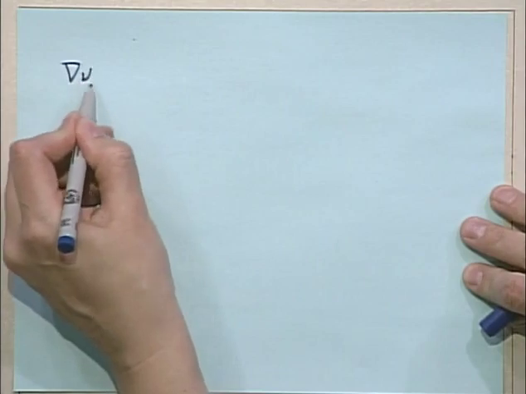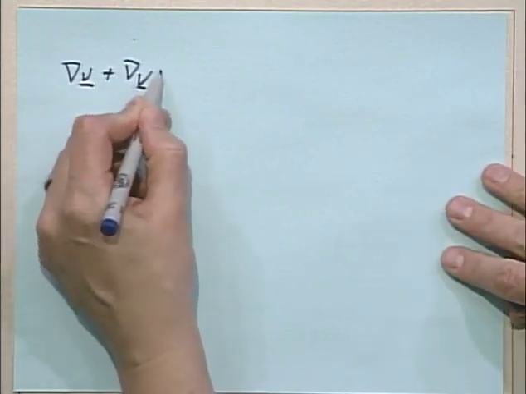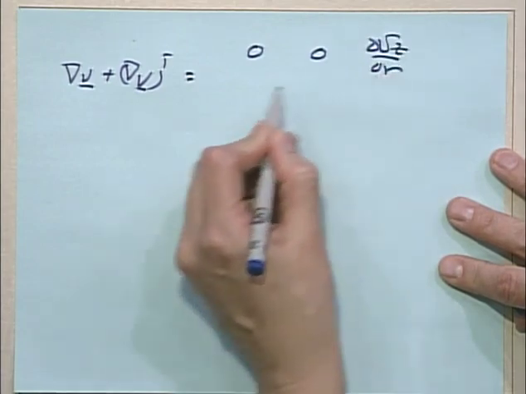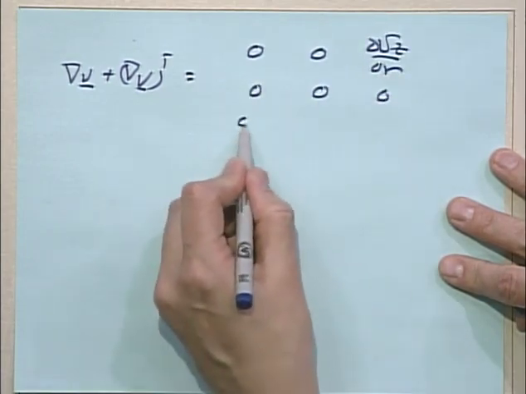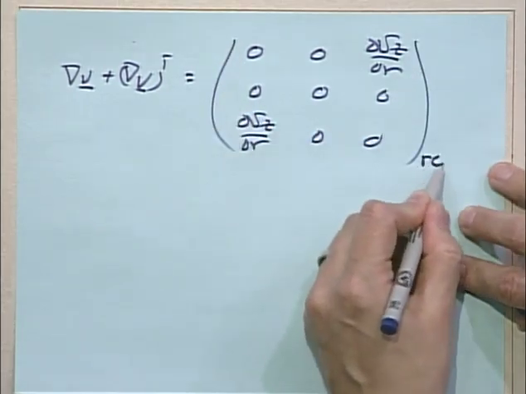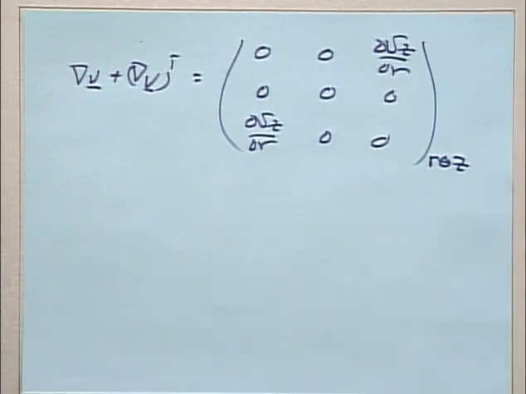Del V plus del V transpose is equal to 0, 0, dvz dr, 0, 0, 0, dvz dr. So actually, right now, without doing the power law part, we already know 7 values of the stress.